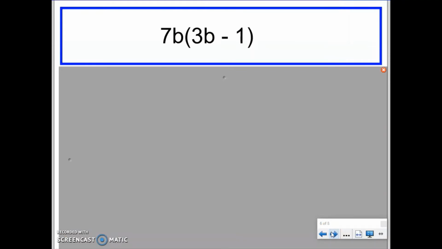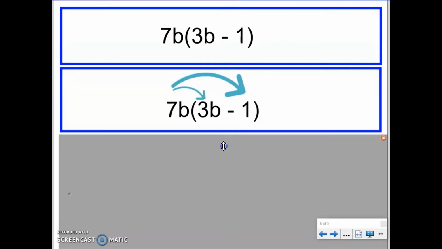If you understood the last example, you can go ahead and have a go at this question yourself. Two multiplications we're going to do. 7b multiplied by 3b is going to give me 21b squared, because 7 times 3 is 21 and b times b is b squared.